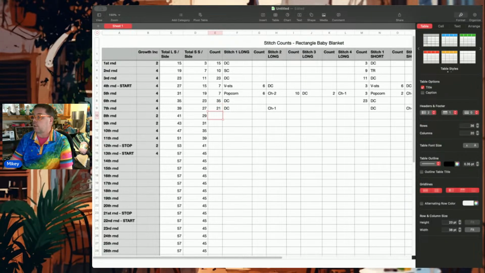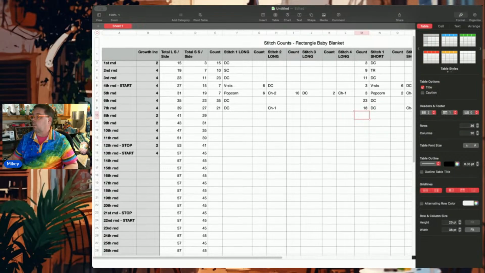So 21 double crochet. And then this one here, that means that there's 20. Make sure. 5, 6, 7, 8, 9, 10, 11, 12, 13, 14, 17, 18. There's only 18 chain 1. So 18 plus 21 gives you 39. So that's the right answer.